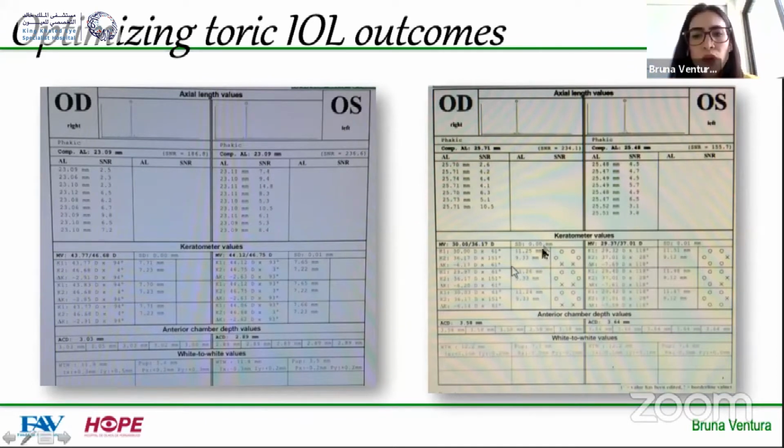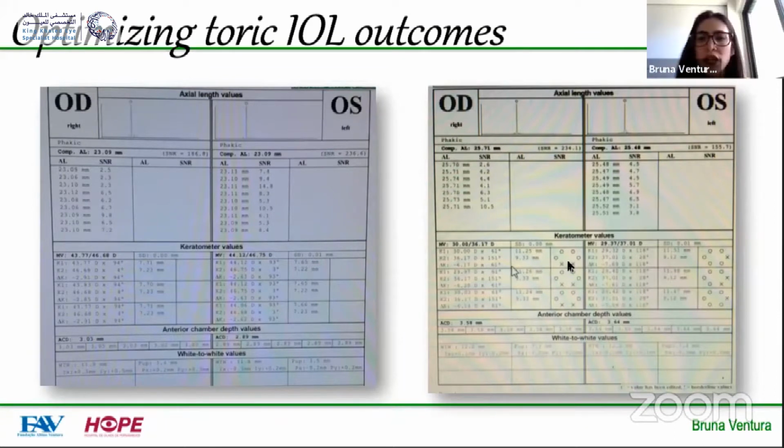Compare with this other exam on the right, where we see that this box, which in the exam on the left is empty, now shows circles and X's. So an X is a point where the device should have been measuring the curvature and wasn't able to measure.